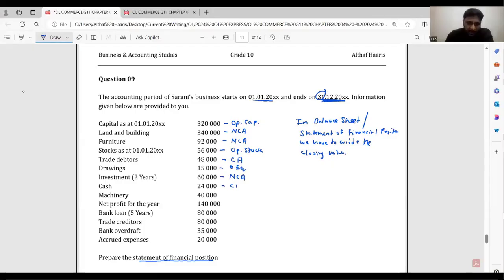Cash, current asset. Machinery, non-current asset. Net profit for the period will increase the equity.